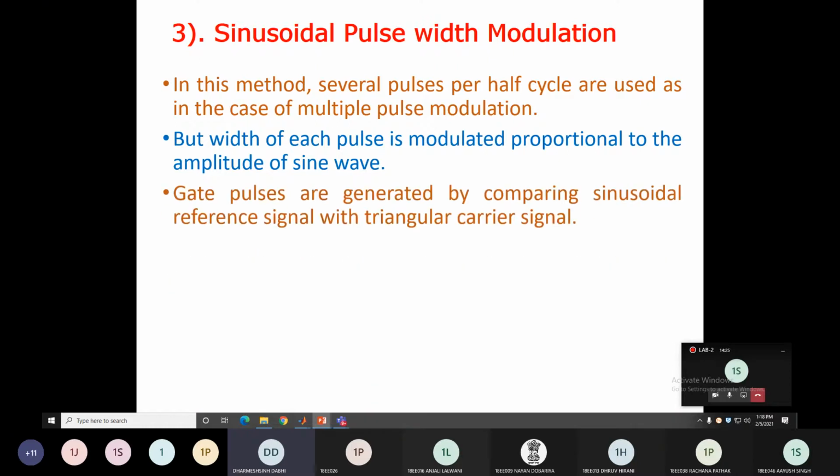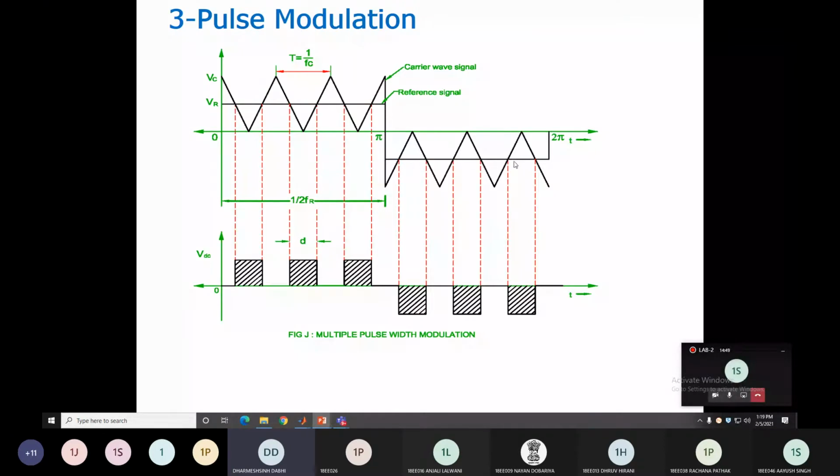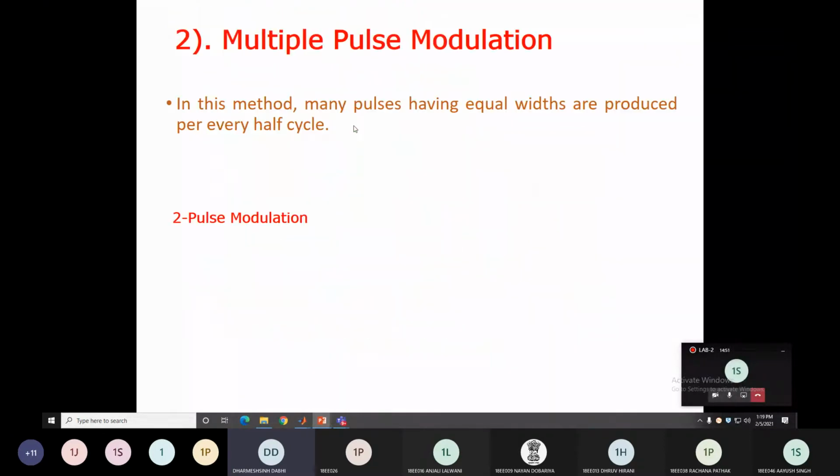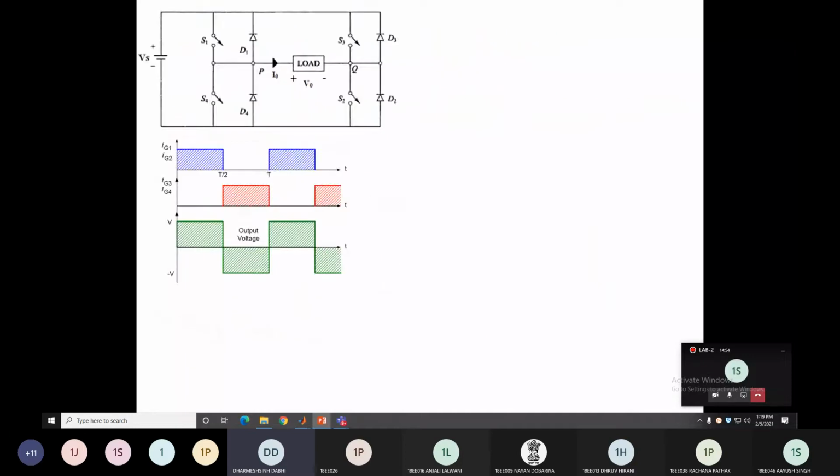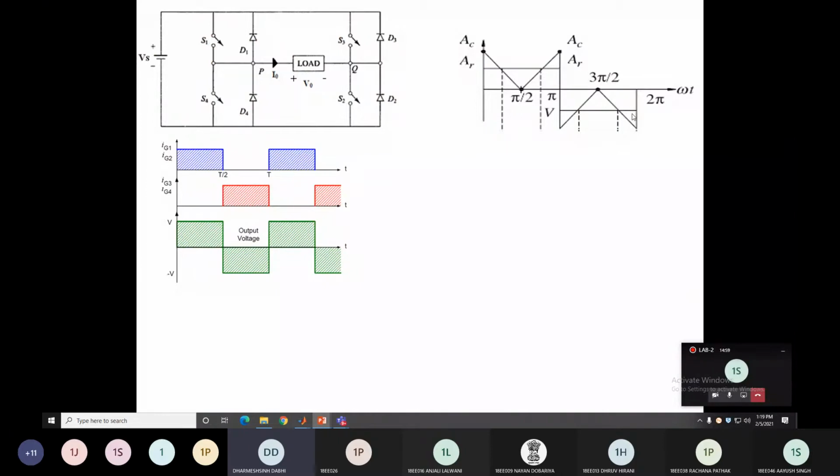Here the gate pulses are generated by comparing the sinusoidal reference signal with the triangular wave. In this SPWM technique, we take the sinusoidal signal as the reference signal. In the previous two methods, single pulse width and multiple pulse width modulation, we take the square wave as the reference signal.